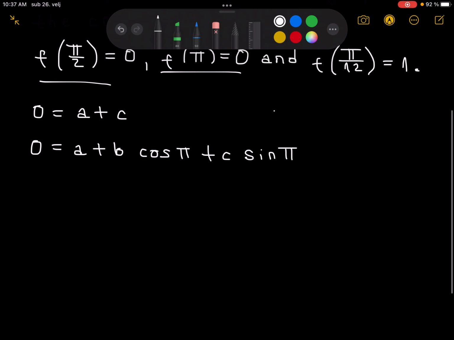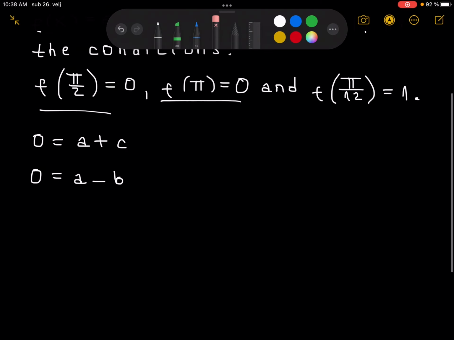Let's calculate this one very quickly. The cosine of pi is equal to -1. The sine of pi is equal to 0. So that means we can just write a minus here and erase all of this. Okay, so we've got our second equation.